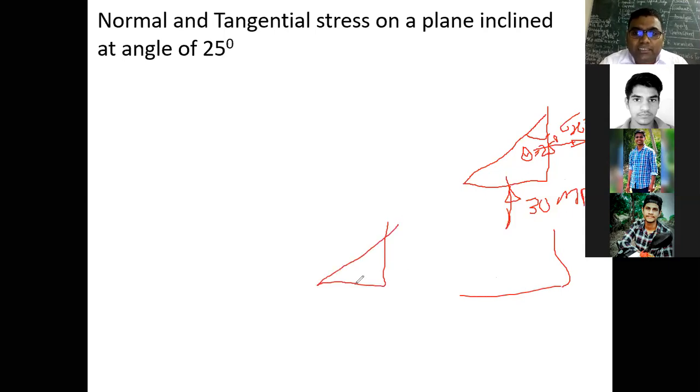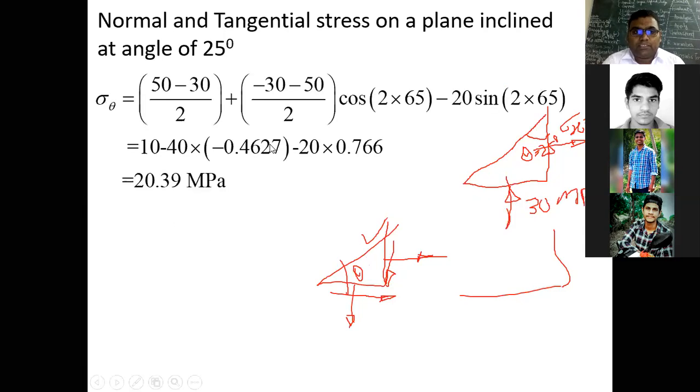This is tensile, this is tensile, and this one is in this direction, and this angle is here. So we had taken the body where the load acts like this previously when we calculated this formula.